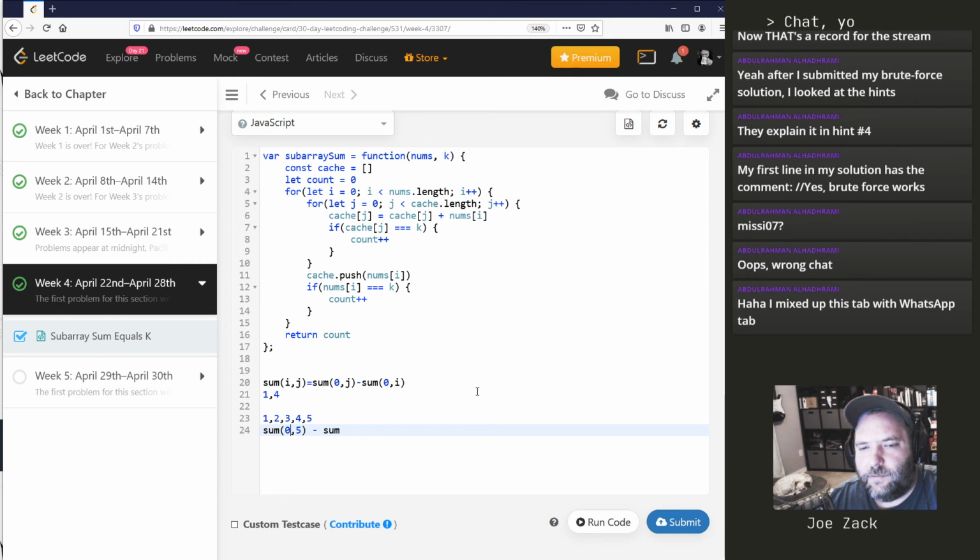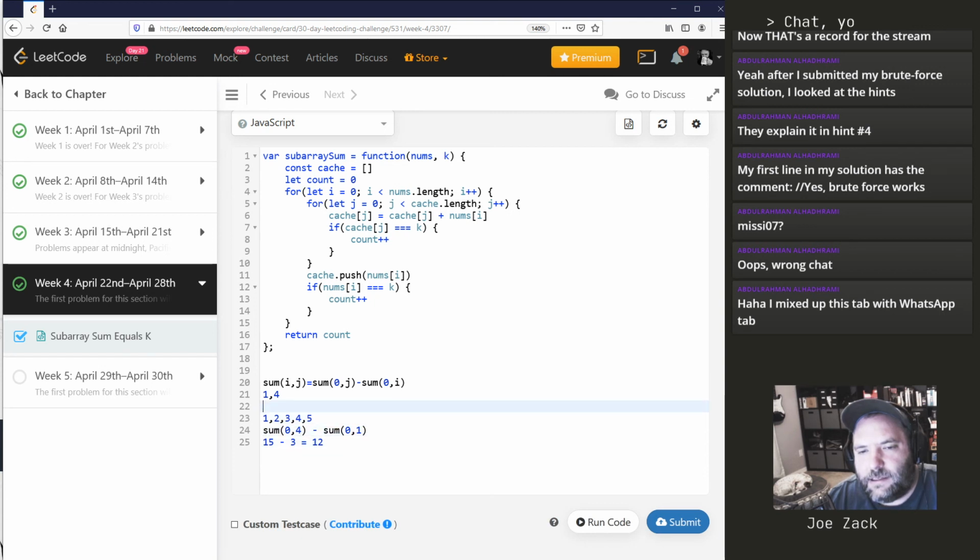The sum of 0 to 4 minus the sum of 0 to 1. Sum of 0 to 1 is 3. And then 6, 10, and 15. So 15 minus 3 is 12.